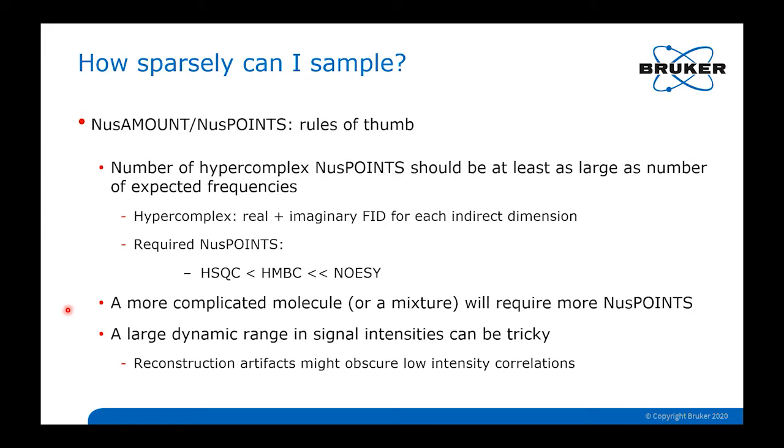Reconstruction artifacts might be easy to ignore when we have similar intensity peaks, but when we're looking for very low intensity peaks in our spectrum, these can potentially be more problematic. And that's one of the reasons why, for NOESY, I typically don't recommend using NUS.